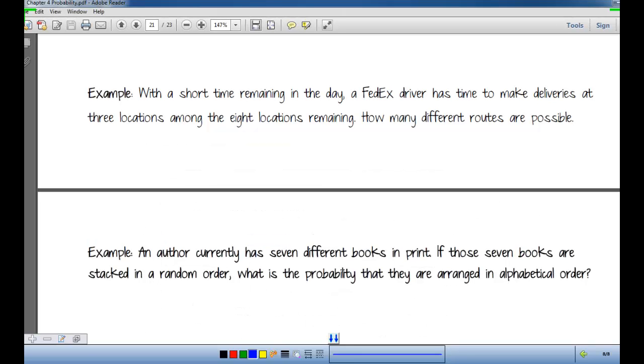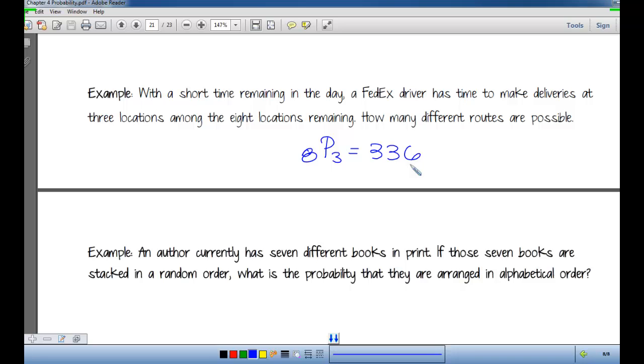How many different routes are possible? So we would say what? 8P3. What does it come up to? 336 different routes.